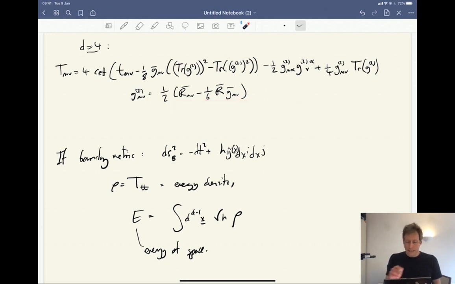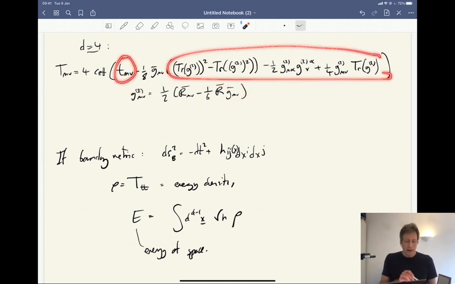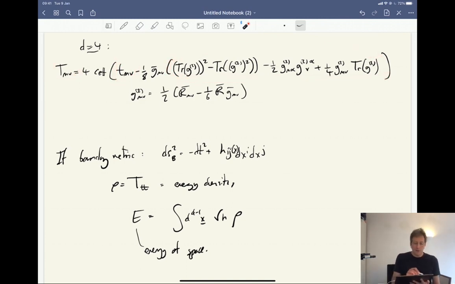So the point is that if you want to compute the boundary stress tensor, you have to extract this from the expansion. You know what the boundary metric is. You compute all of these terms and subtract them in order to get the actual boundary stress tensor.